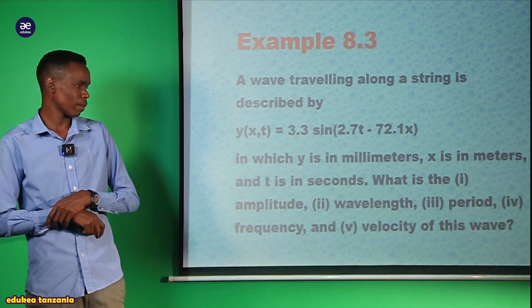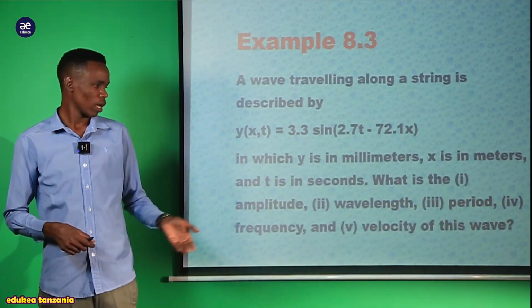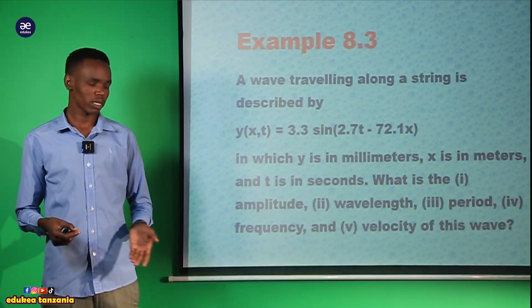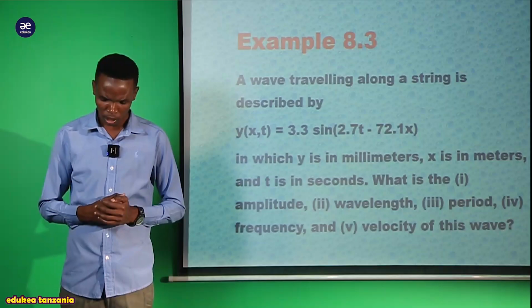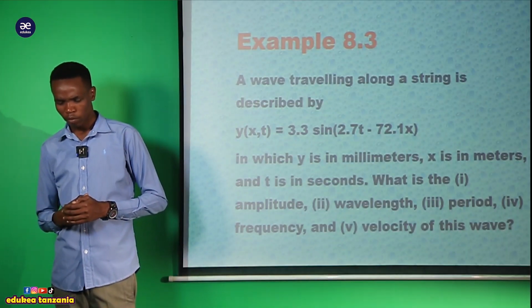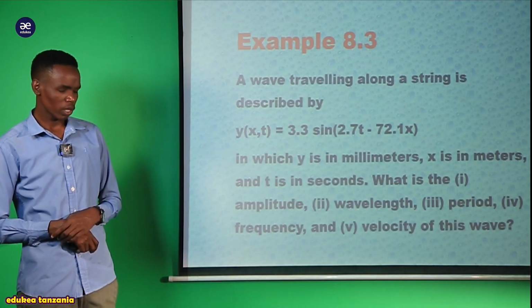How can we get the amplitude, the wavelength, the period, the frequency, and finally the velocity of this wave? Let us start with the amplitude.